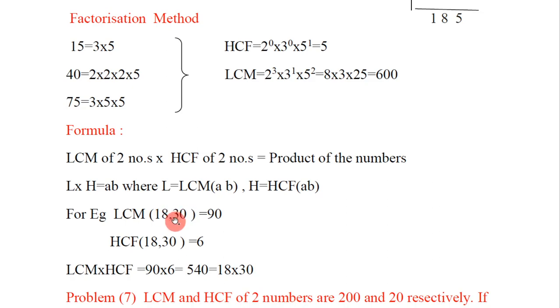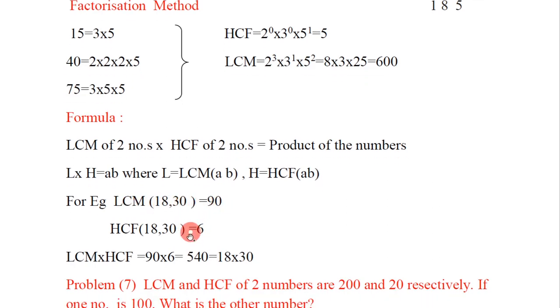It is 30. 30 multiples are 30, 60, 90, 120, etc. Among them, see which is the first number that is divisible by 18. 30 is not divisible by 18. 60 is not divisible by 18. 90 is divisible by 18. So 90 is the least common multiple of 18 and 30.